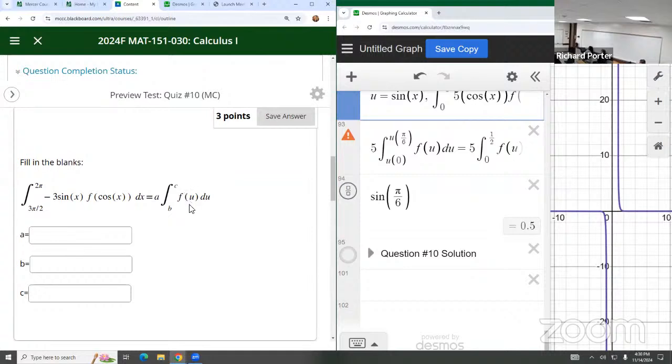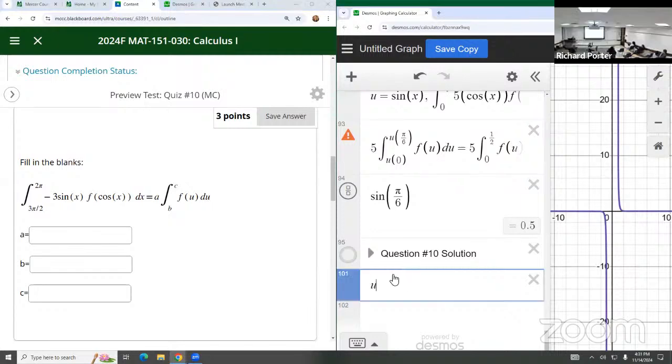This is obviously a substitution, right? There was x's before, now there's u's. Do you know what the u is? It is, because that's what's inside the parentheses. So u must be cosine. And du would be what then? If u is cosine of x, what does du equal?